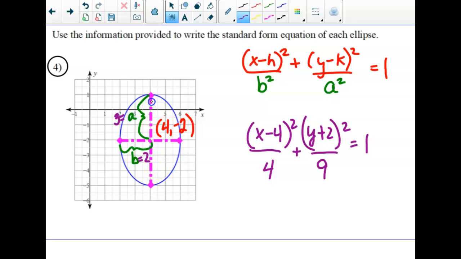Because it was 3 units up and 3 units down. The major axis is 2A long. And the minor axis is 2B. We're going to talk more about that in a second on another kind of question.